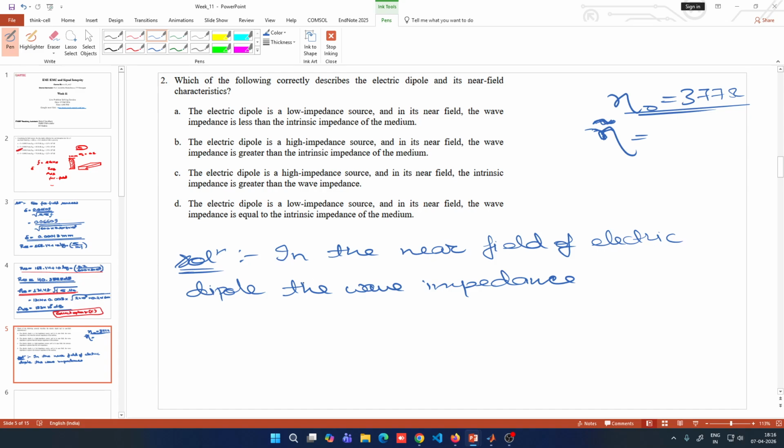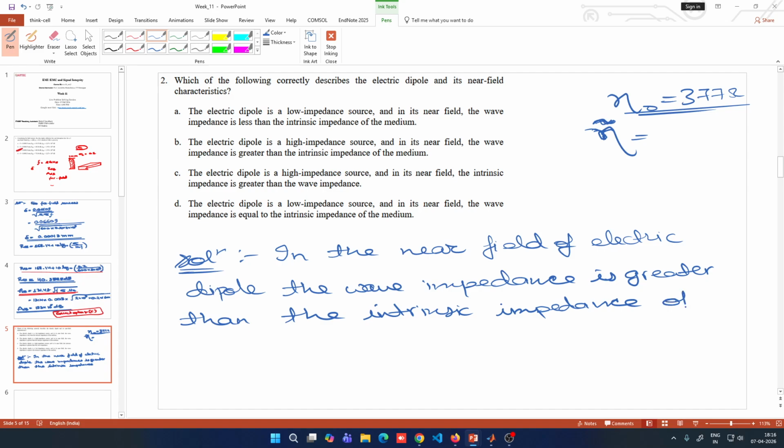In the near field of electric dipole, the wave impedance is greater than the intrinsic impedance of the medium. So if the medium is air, we will take eta naught, which is 377 ohms, as the intrinsic impedance of the medium.